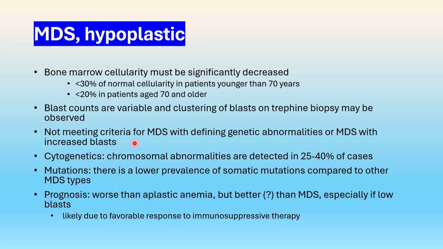If we don't see an increase in blasts, then it's difficult to make a diagnosis unless you have obvious dysplasia. Chromosomal abnormalities are not that common, relatively speaking, and there's a lower prevalence of mutations compared to other MDS types. And the prognosis is worse than aplastic anemia because it's a neoplasm, but potentially better than MDS. And some hematologists do treat these patients differently with immunosuppressive therapies.